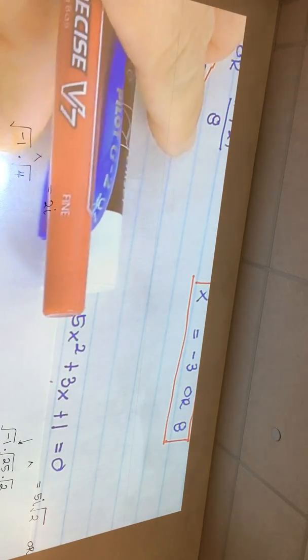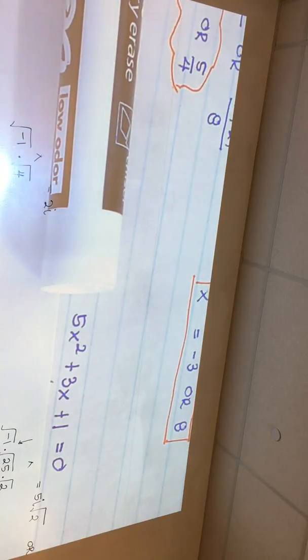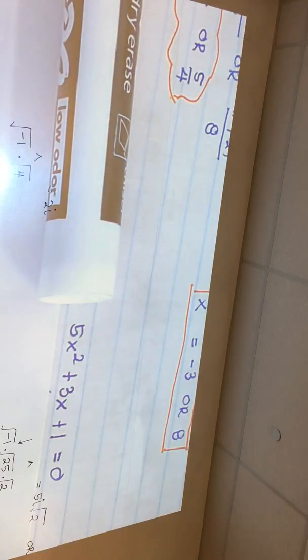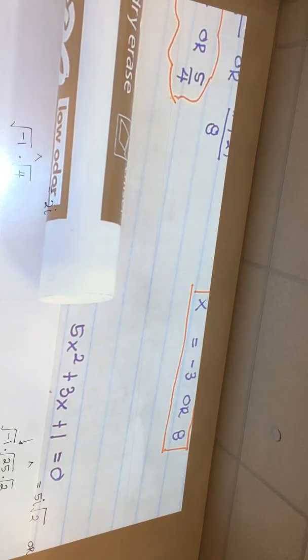Problem number 4: 5x squared plus 3x plus 1 equal to 0. Alright? Okay, so we're going to solve.